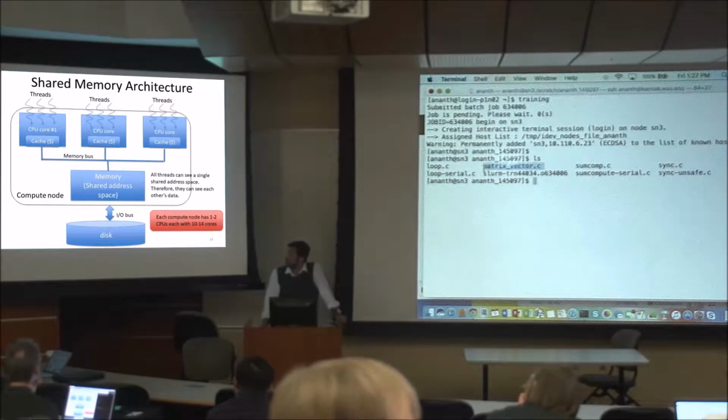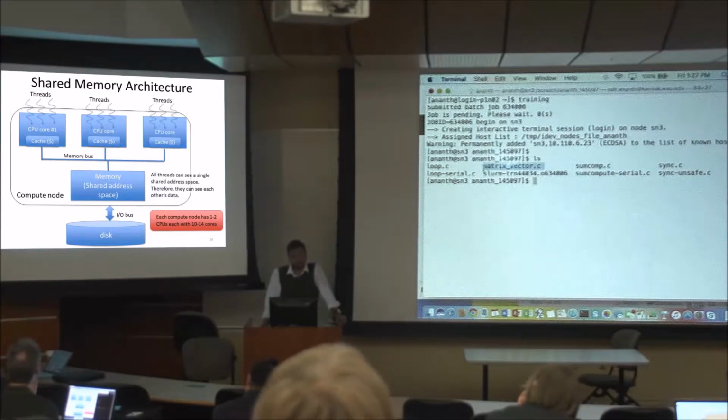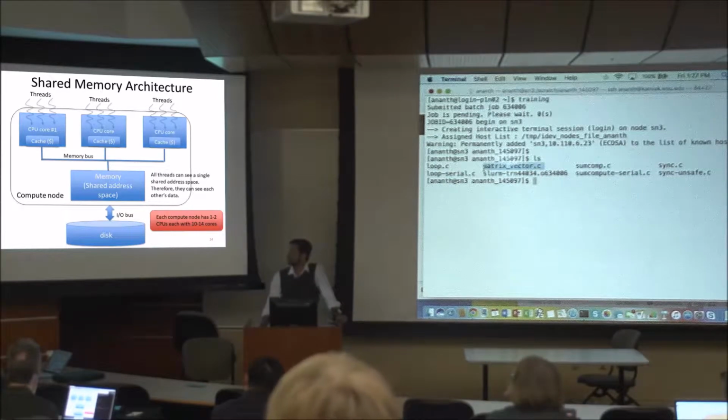Okay, so the key point here is multiple threads can map to a single core, in which case they have to time share. Multiple threads can also map to multiple cores, right? And those threads all get the unified view of the data that's stored in the memory. Okay?